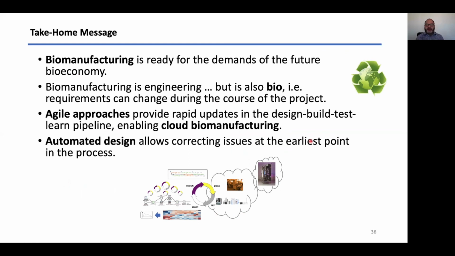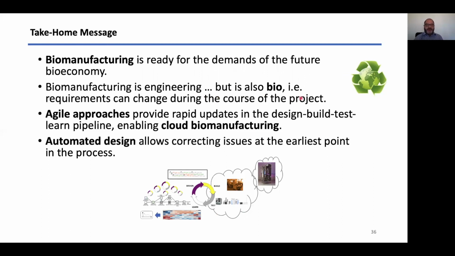And just as a take-home message, as you have seen, biomanufacturing is ready for the demands of the future bioeconomy. And biomanufacturing is engineering, but it's also bio. That is, requirements can change during the course of the project. So we need to be very smart.